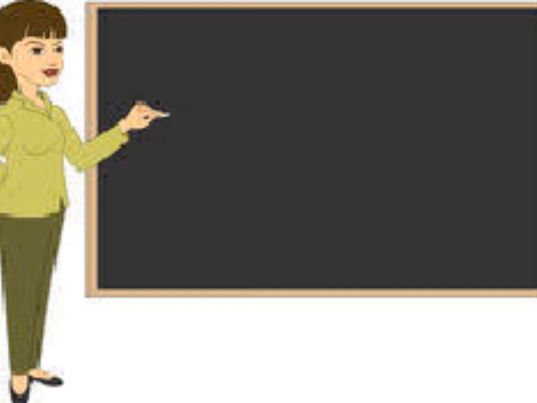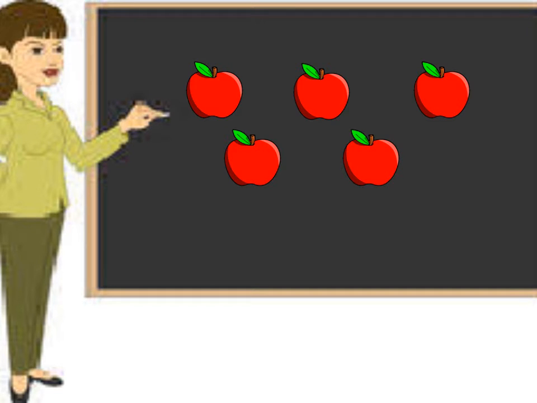For example, I went to the market and bought, very good, 5 apples. On my way home, I became hungry and I ate 1 apple. But 1 apple is not enough for me, so I ate another apple.